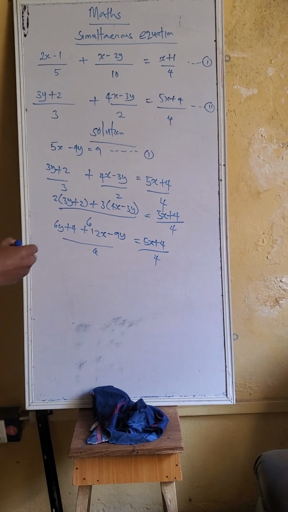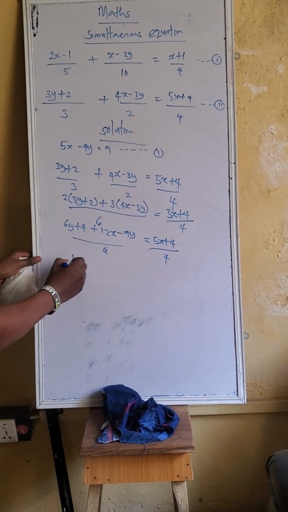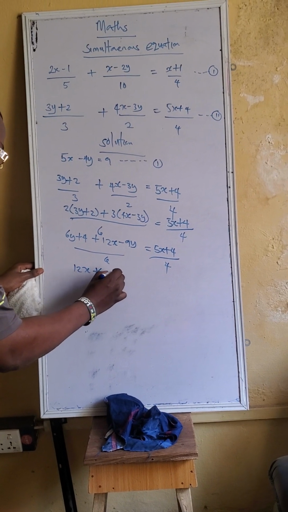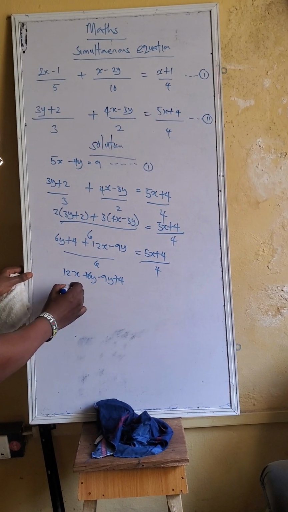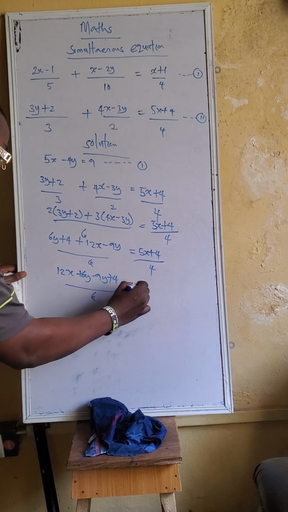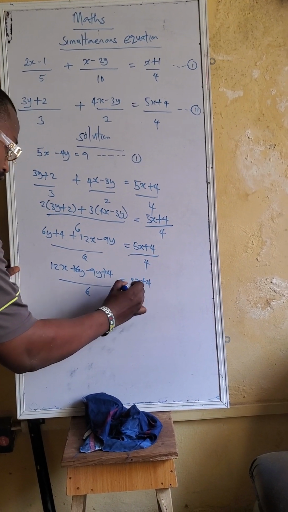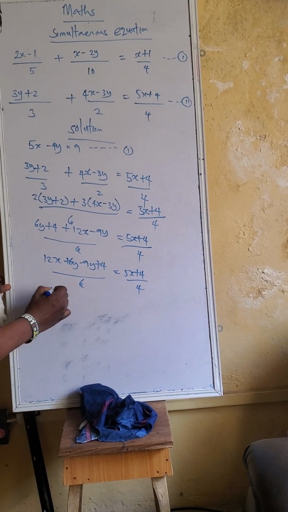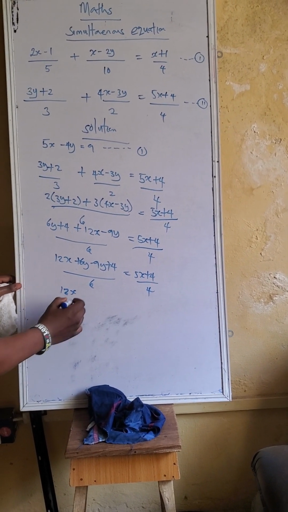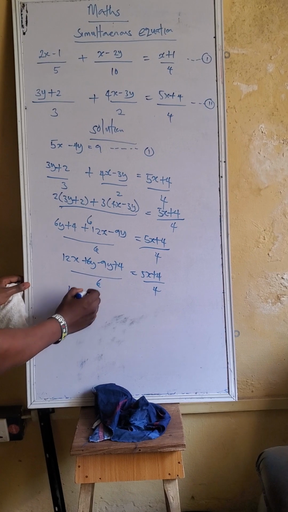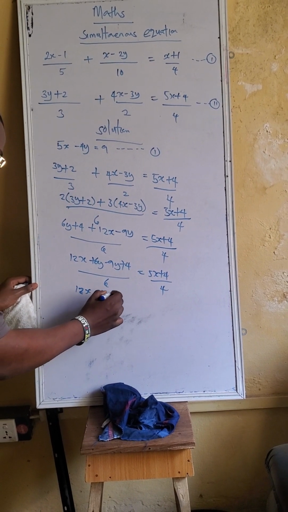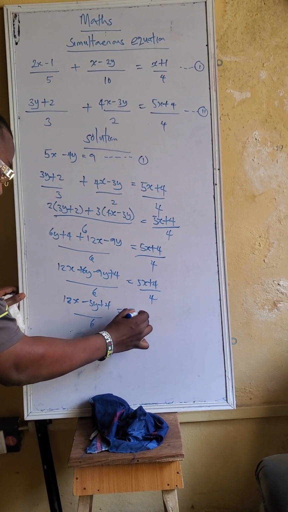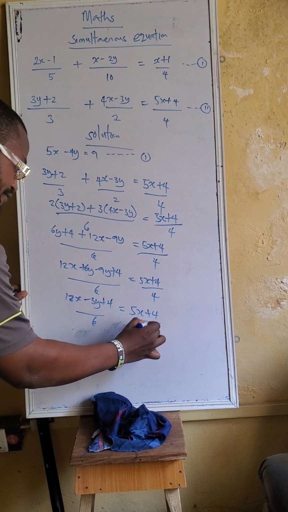Then we do what they call like terms. We have 12x plus 6y minus 9y plus 4 over 6 equals (5x plus 4) divided by 4. Then we go 12x plus 6y minus 9y, that's minus 3y, plus 4 over 6 equals (5x plus 4) divided by 4.